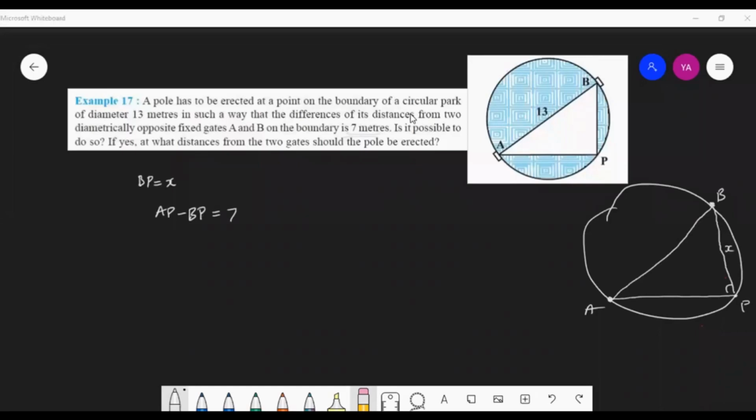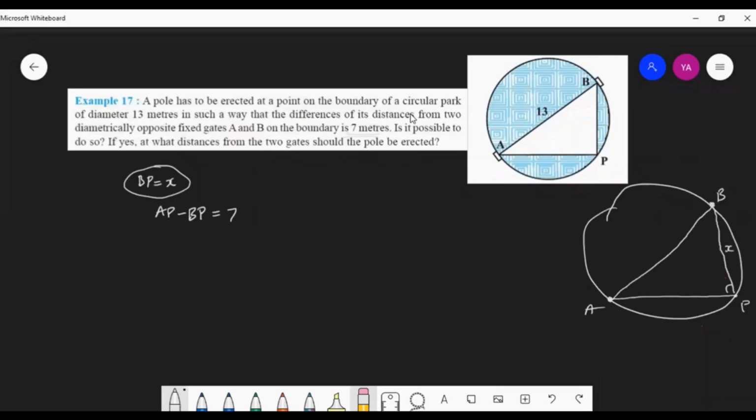Now we are applying the variable. We want to find out the lengths BP and AP.